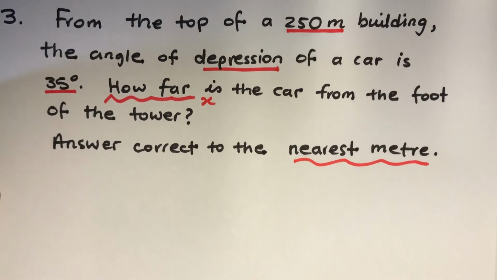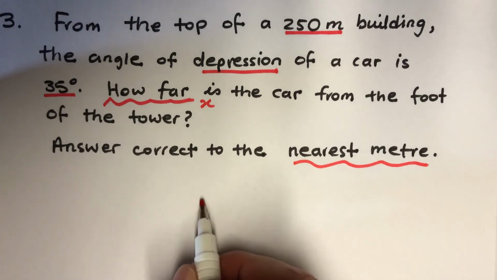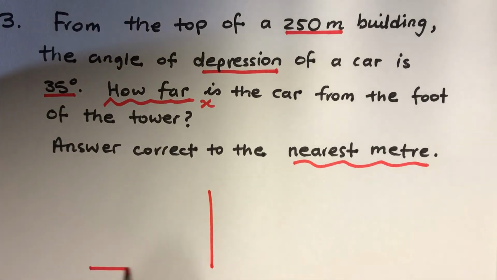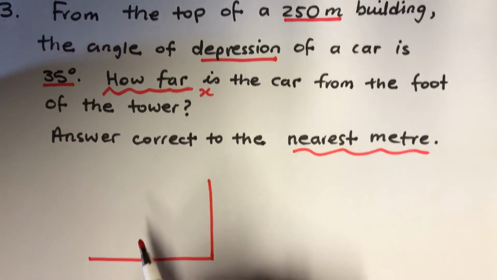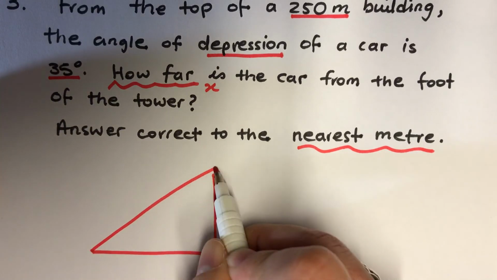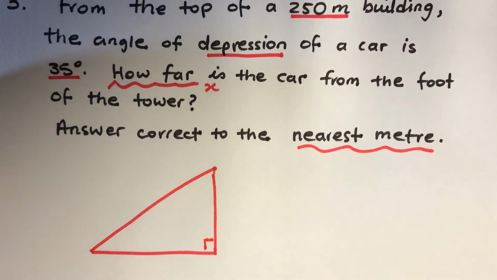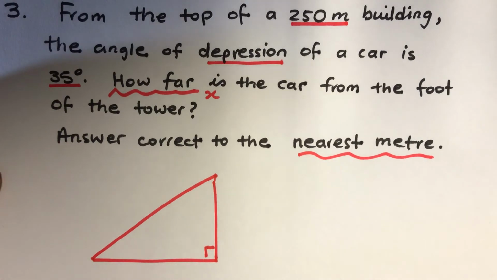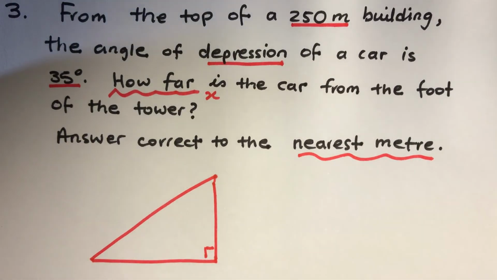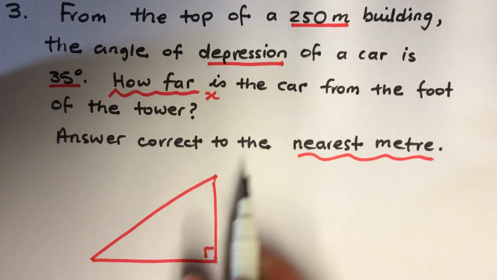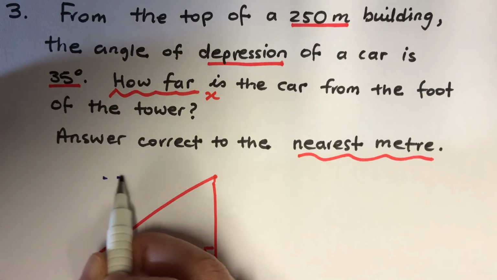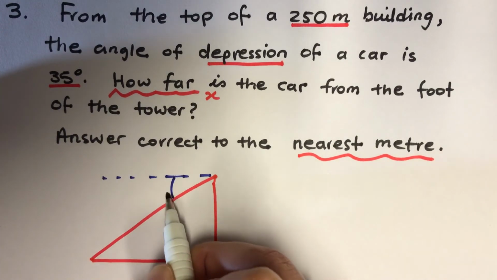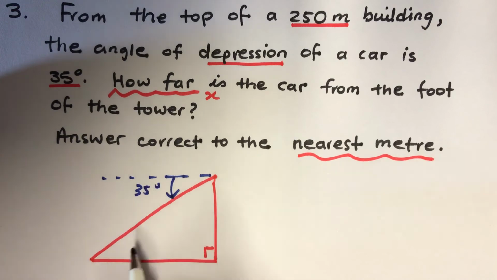There's no decimal. Now, the first thing you've got to do, no matter what kind of question, whether it's elevation or depression, is just draw a right angle triangle. You can't go wrong with that. And we're going to put in all the information we were given. 35 degrees angle of depression, so that will be going down 35, which is the same as that.